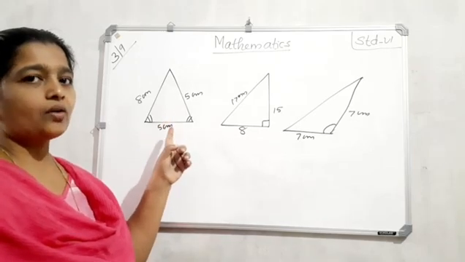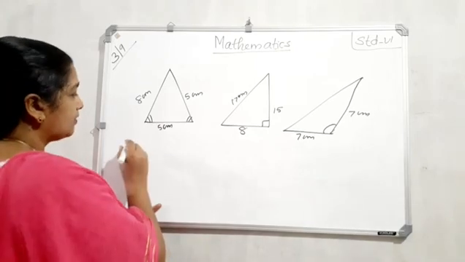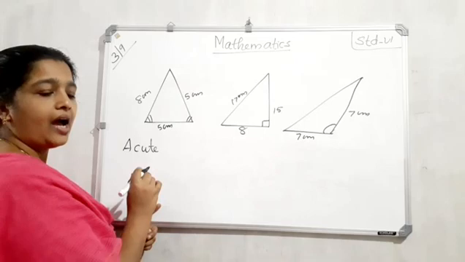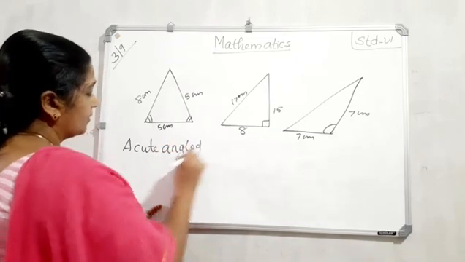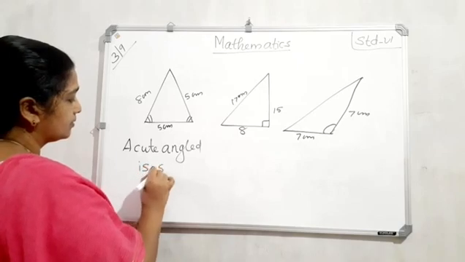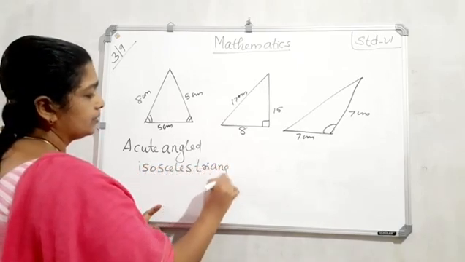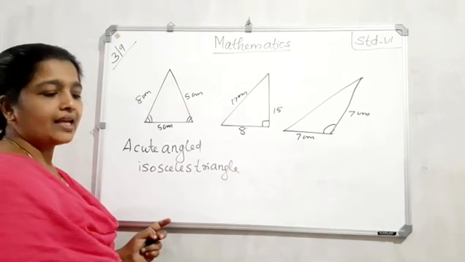On the basis of sides, that is isosceles triangle. Therefore, we can write acute angled isosceles triangle. Understand?